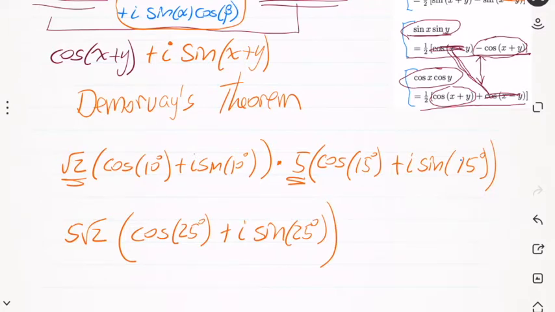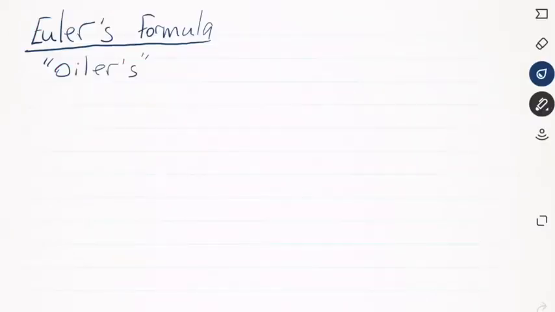And all of that from the product to sum formulas. I find it much easier to convert everything into Euler's formula, which I'll tell you what it is in a little bit, than to do things by De Moivre's theorem. With De Moivre's theorem you have to memorize a few things to make it work throughout, whereas with Euler's formula, it'll just become natural.